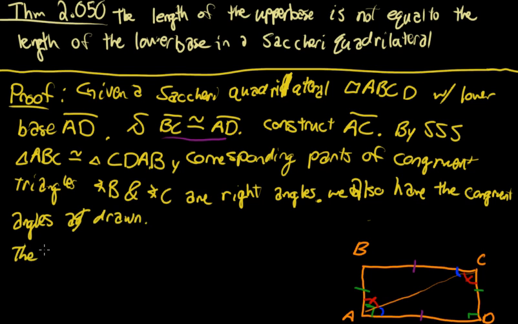Then the angle sum of triangle ACD equals measure of angle. Let's label these. We'll label them in orange. We'll call it 1, 2, 3, and 4.